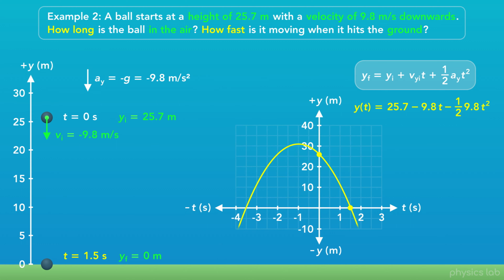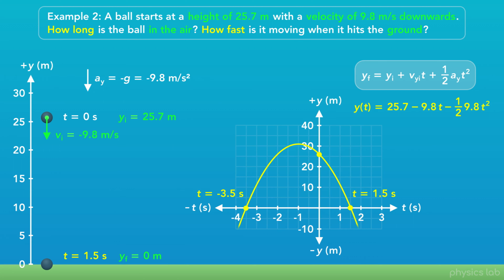The graph keeps going in both directions. We're looking for the time when y equals 0, which happens at positive 1.5 seconds and negative 3.5 seconds. The kinematic equation doesn't know there's a ball hitting the ground. It's going to give us all of the values that satisfy the conditions we give it.